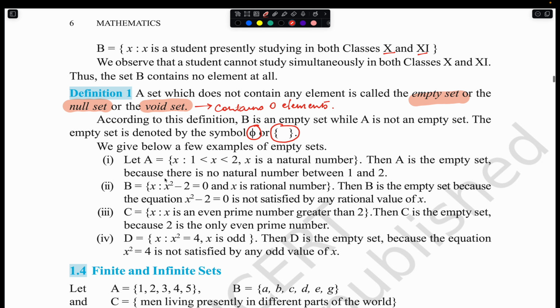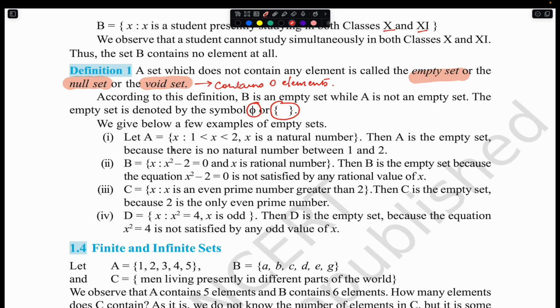Let's see some more examples. Consider a set A, a collection of x, where x is a natural number lying between 1 and 2. Since there are no natural numbers which lie between 1 and 2, this is also going to be an empty set. Similarly, x squared minus 2 is equal to 0 and x is rational. The solution of this equation gives x is equal to plus minus root 2, that is plus root 2 and minus root 2.